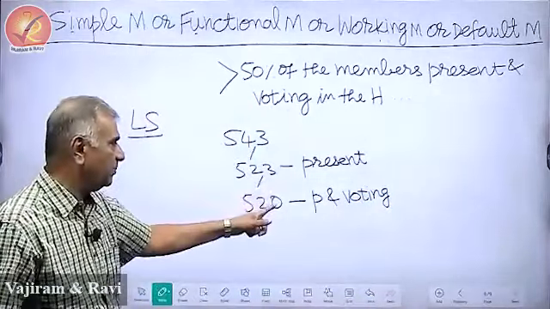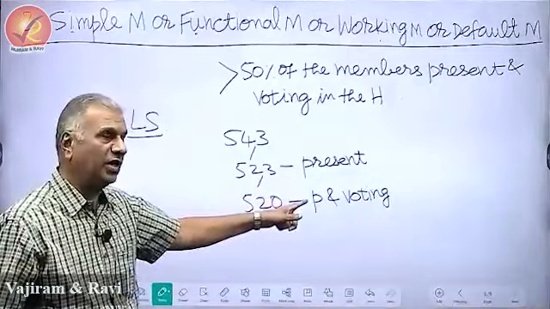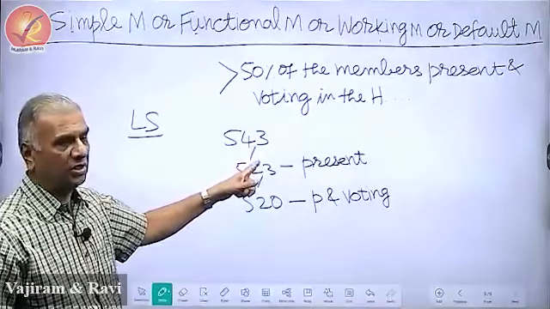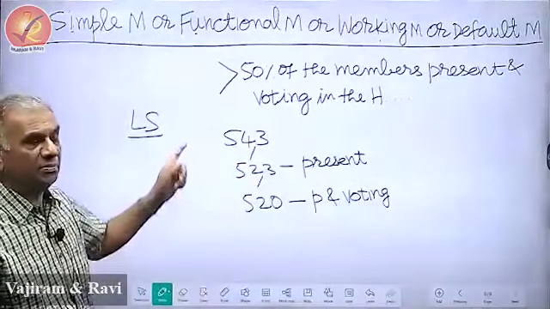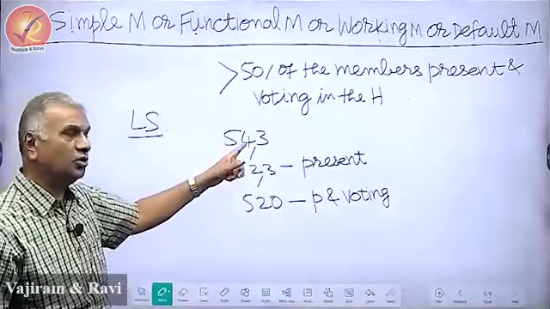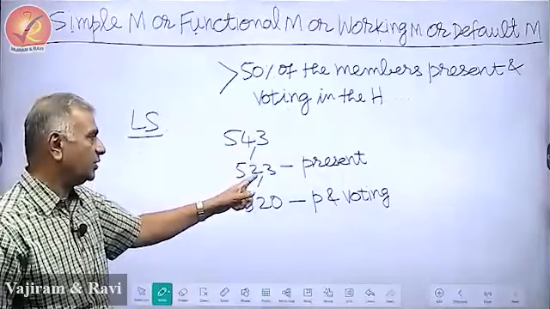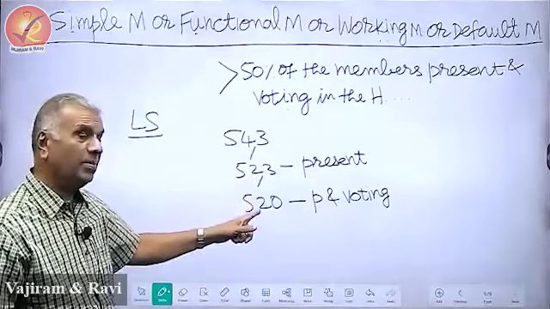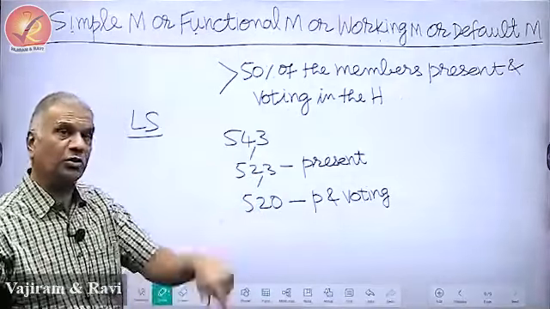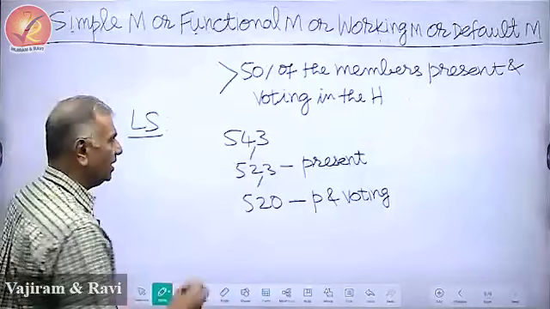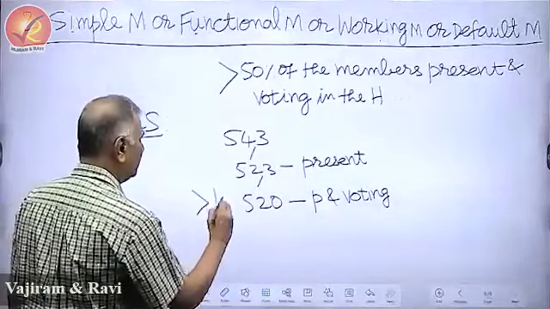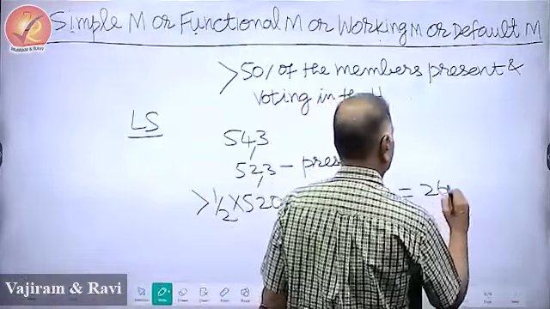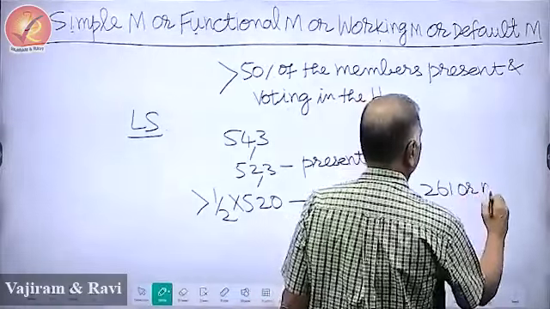So these 3 members abstain from voting. Simple majority is not calculated on the total strength, nor on the members present in the house. It is calculated on the members who are present and also participate in voting. The simple majority in this case is 261 or more.